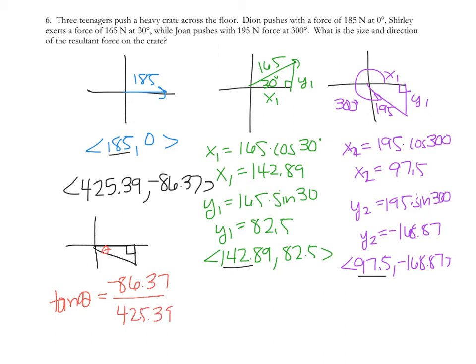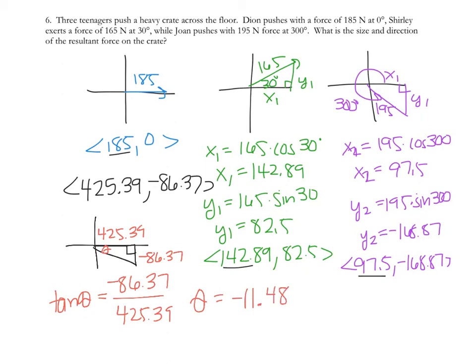If you need to put those in the picture so you know exactly where they go in the fraction, you can. I'm just always doing y over x from the component form. So then we get theta is equal to negative 11.48.